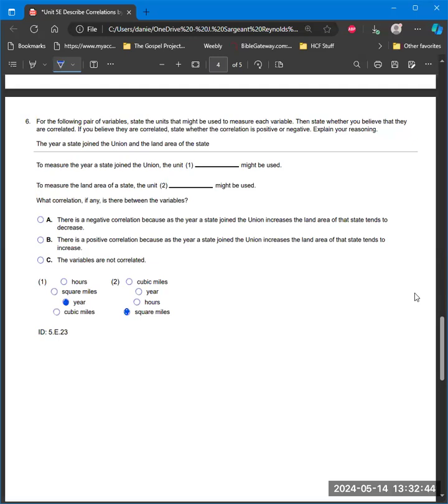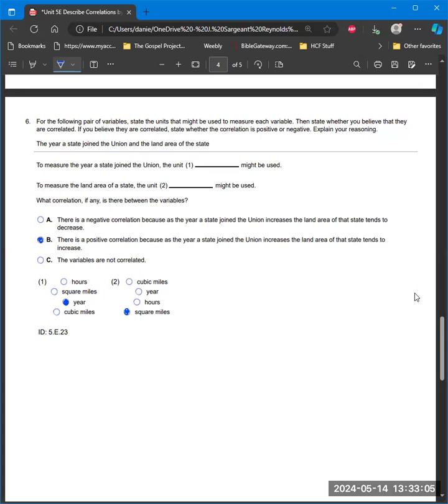There's a positive correlation here because the later the states join the Union, usually they're bigger states than, say, the original 13 colonies that were all smashed together into a small area.